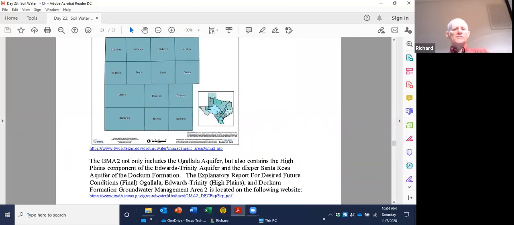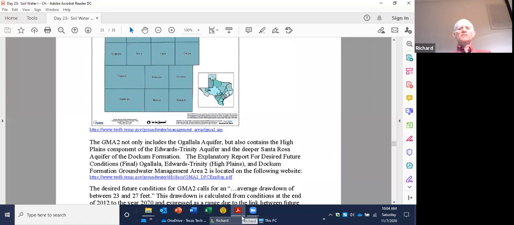Groundwater Management Area 2 not only includes the Ogallala Aquifer, but it also contains the High Plains component of the Edwards-Trinity Aquifer, which is in the southeast corner of this, and the deeper Santa Rosa Aquifer in the Dockum Formation.